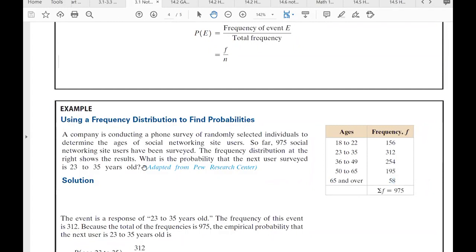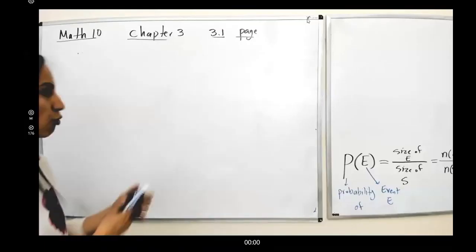Question says, what is the probability that the next user surveyed is 23 to 35? You're finding the probability. You need to form your fraction, 23 to 35. Let us write the question here.